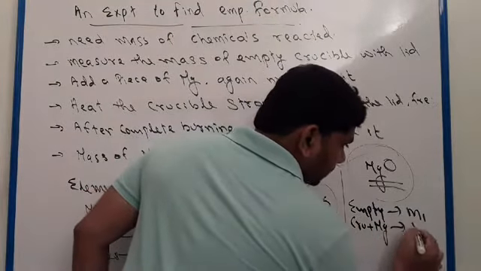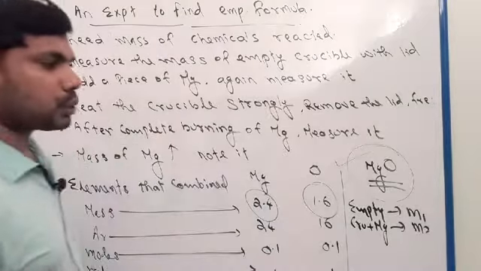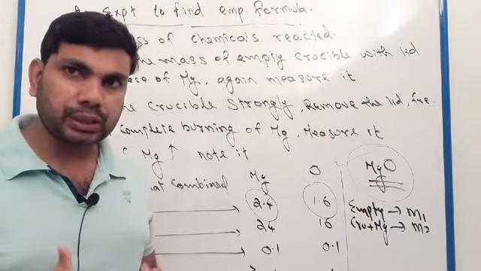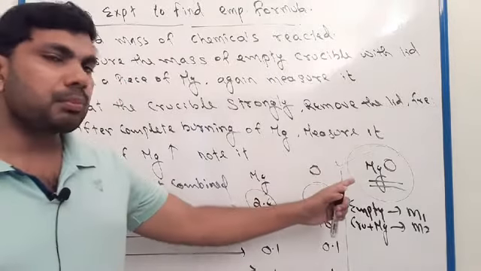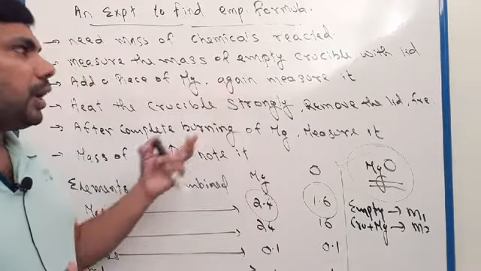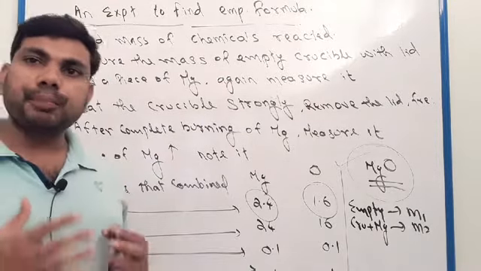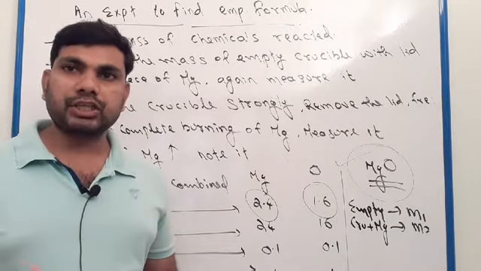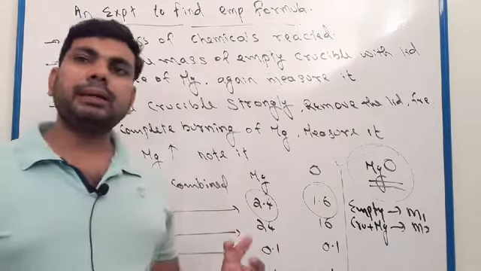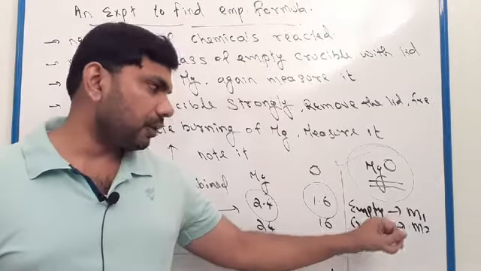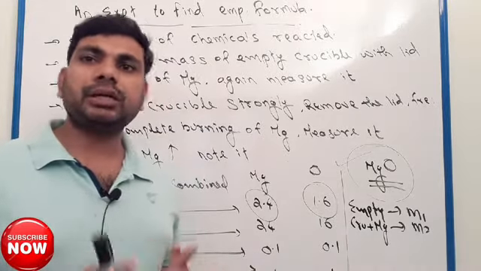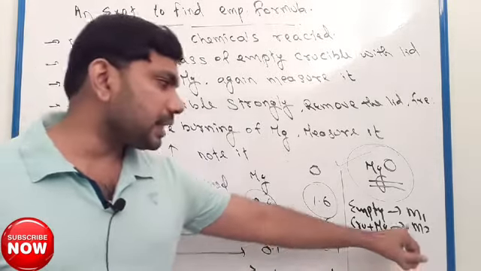We need the mass of magnesium and the mass of oxygen reacted together to find the empirical formula of magnesium oxide. So here we are doing one experiment to find them. The empty crucible is M1, and the crucible with magnesium is M2.